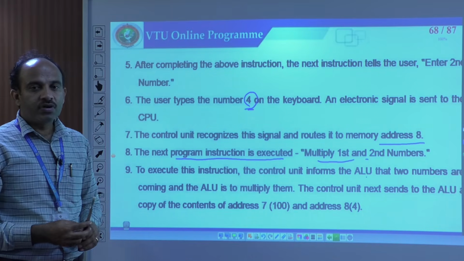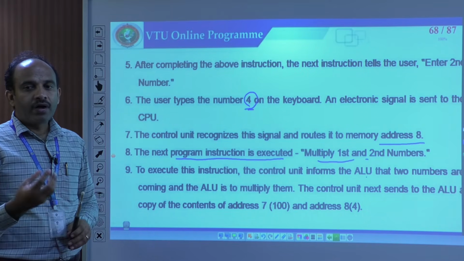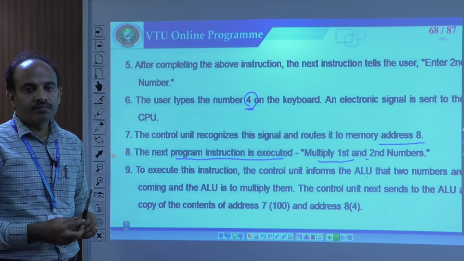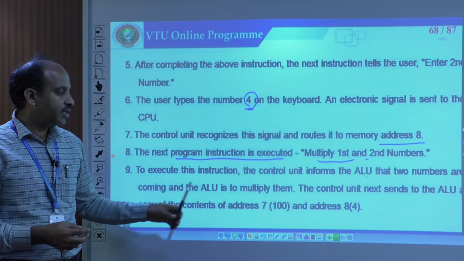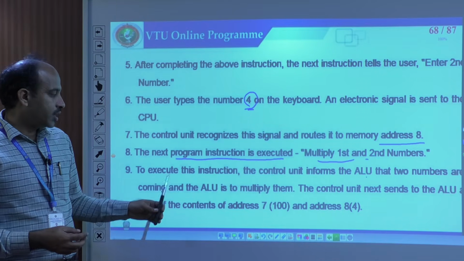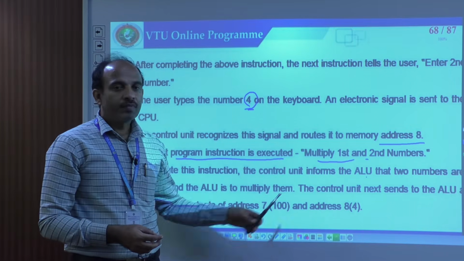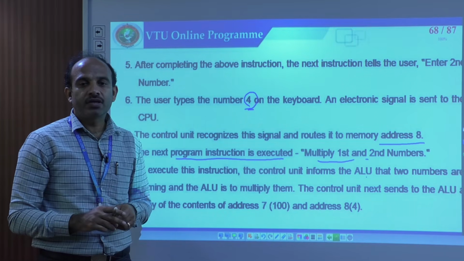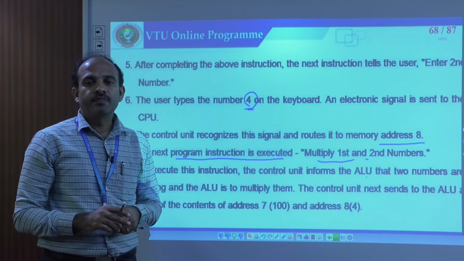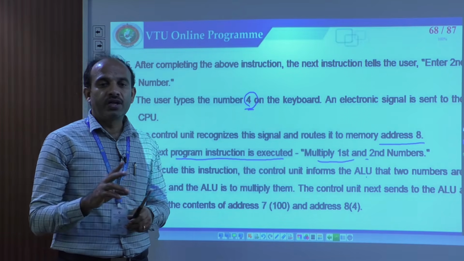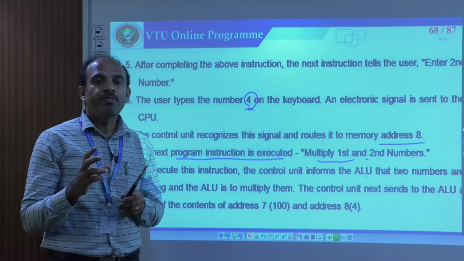What is that information? I have two numbers that you need to multiply. So that information is passed to the ALU, and the ALU will start multiplying those two numbers. Then the control unit sends the ALU the copy of the contents.